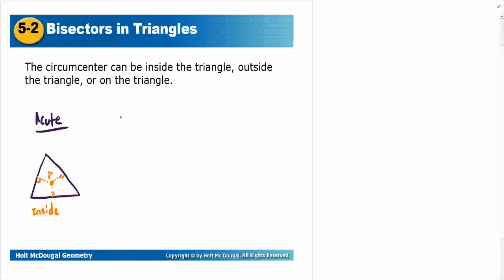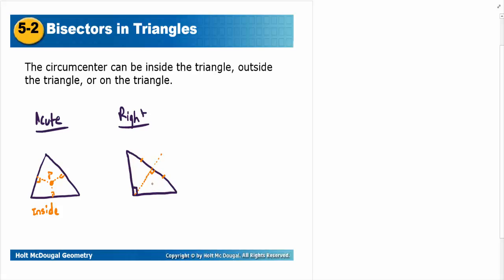If you're doing a right triangle, then when I'm doing my three points, the one that really matters is this: when I do the perpendicular bisector of the hypotenuse, it's going to go through the hypotenuse, right?